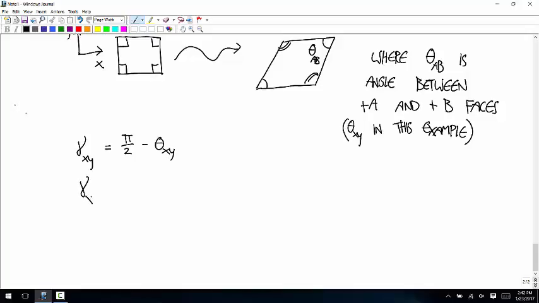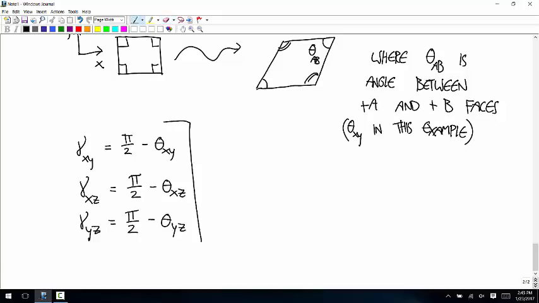Gamma xz is pi over 2 minus theta xz. And gamma yz is pi over 2 minus theta yz. And all these angles have to be given in radians.